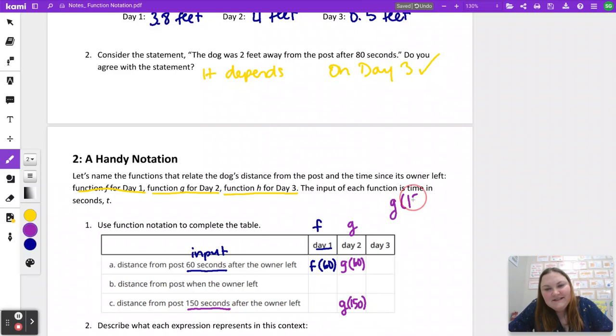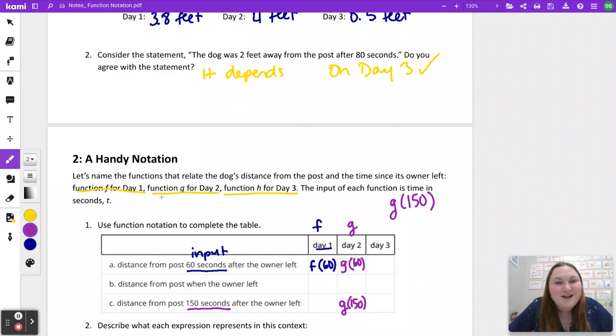When I'm writing down something like this, now I know we've seen before when you have two things next to each other in parentheses like that, it can mean multiplication. This is not multiplication, and sometimes it's hard to get used to that change. When we're talking about functions, though, you're going to see this a lot, where you've got a letter in front and then you've got something in parentheses.